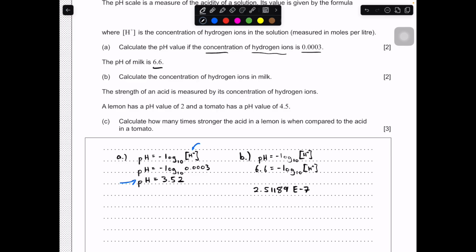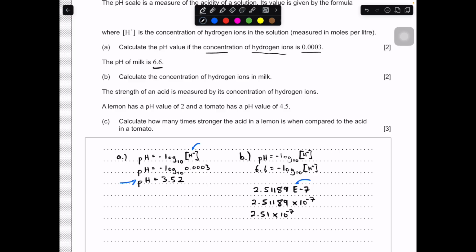So the proper way to write this is 2.51189, but it's times 10 to the negative 7. So the IB won't accept this calculator notation, this E. So just simplify it a little more, 2.51 times 10 to the negative 7.